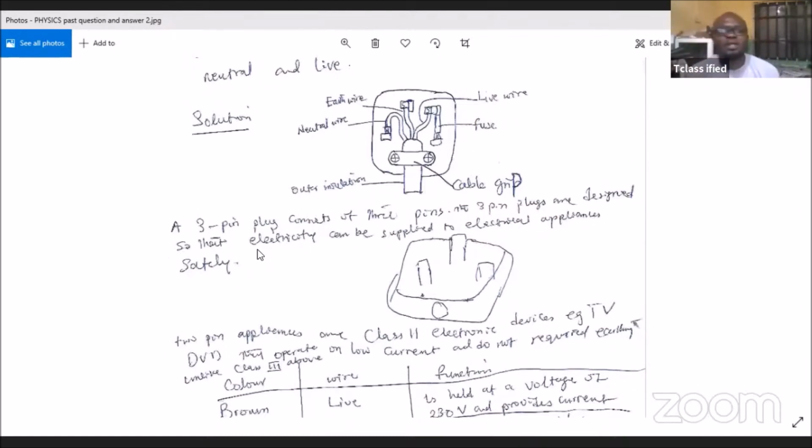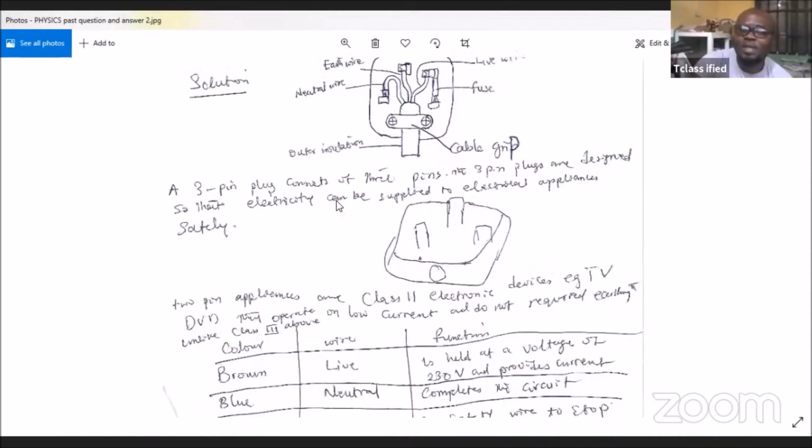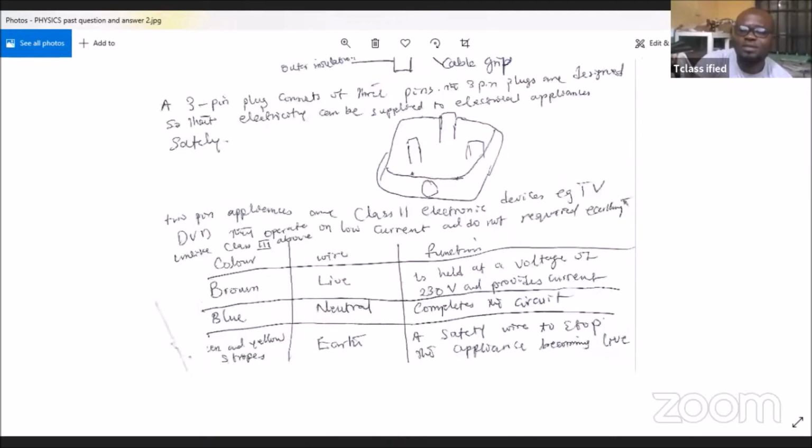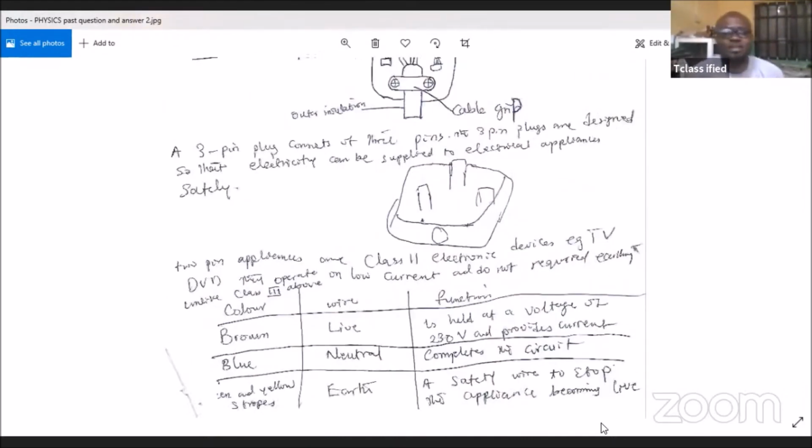Okay. So a 3-pin plug consists of 3 pins. The 3-pin plugs are designed so that electricity can be supplied to electrical appliances safely. So they are connected in such a way that they will supply electricity safely. So how do they connect? How do they supply electricity safely because of the earth and other things?